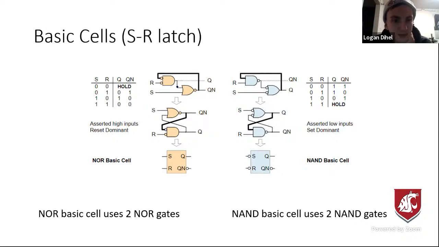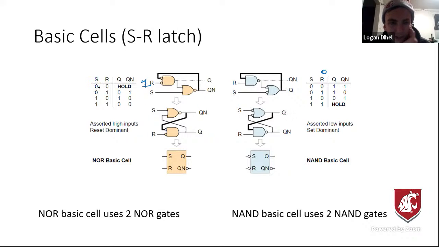On this one, the inputs are asserted when they're high. All that means is if we hit reset, so let's say reset's a 1, then reset is asserted, right? It's high. And in this example, they're asserted low, so when reset is a 0, that's when they're asserted.